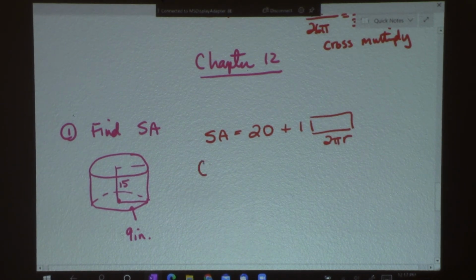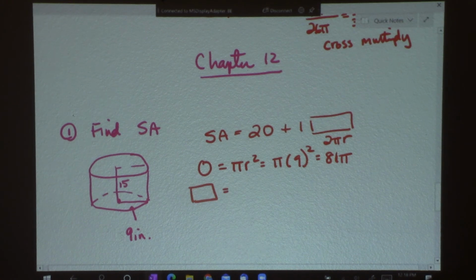All right, so the circle area is pi r squared, and I get pi times 15 squared, and that works out to be, oh, whoops, no, I'm sorry, it's 9. It's going to be 81 pi for each circle. All right, and then for my wrapped up middle rectangle, I've got 2 pi r times the height here.